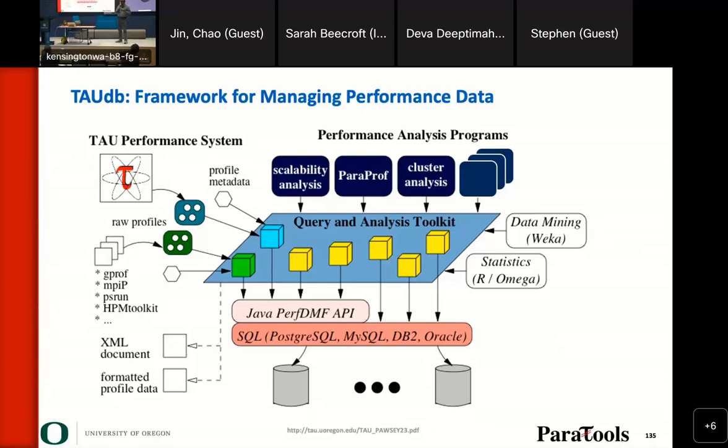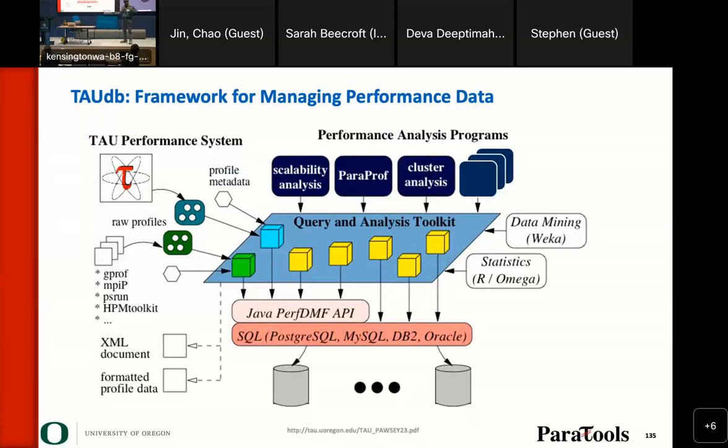And in this database, the TauDB, we can store the performance data and provide a TauDB interface for higher level tools so they can create complex queries, all based on the TauDB API. And so they don't have to code in this low level SQL.